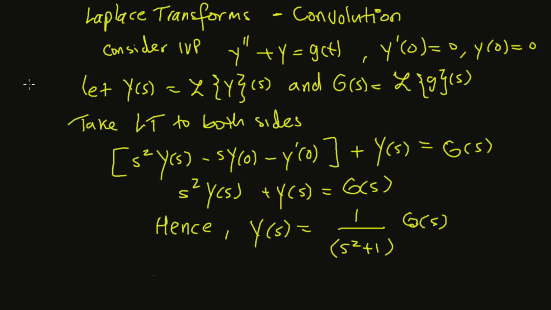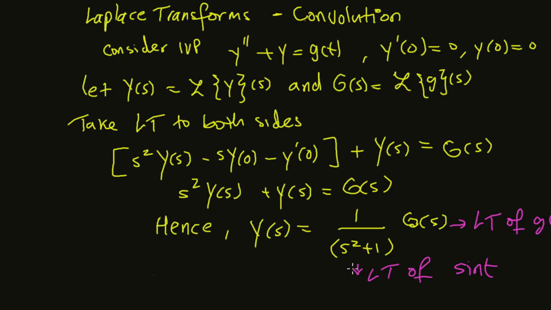If we examine this, if you use the table, you'll find that this is the Laplace transform of sine t, and this is the Laplace transform, of course, of g of t.